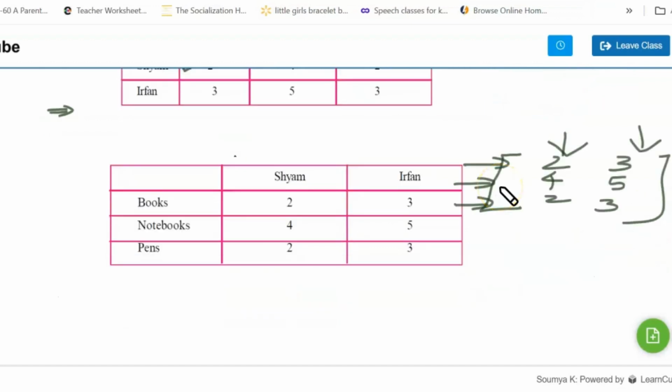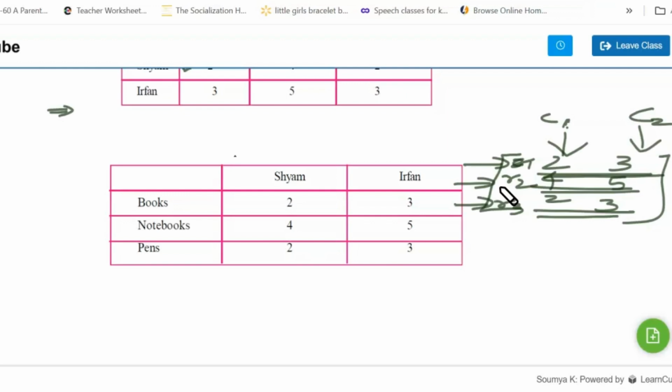In this matrix, this is row 1, row 2, and row 3. And if you see the columns, this is column number 1 and this is column number 2. This is how the matrix elements are arranged.